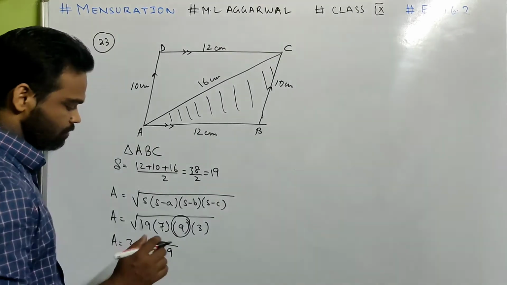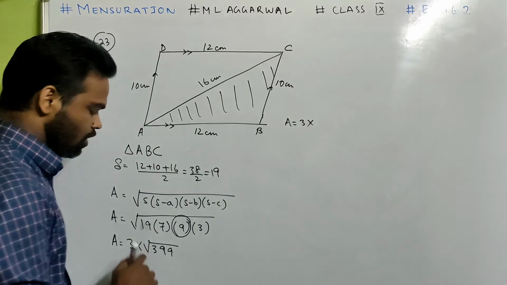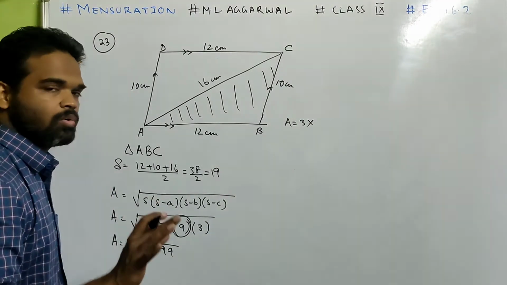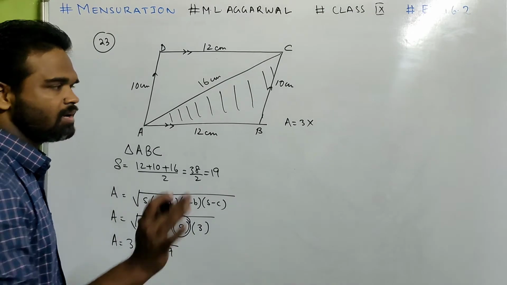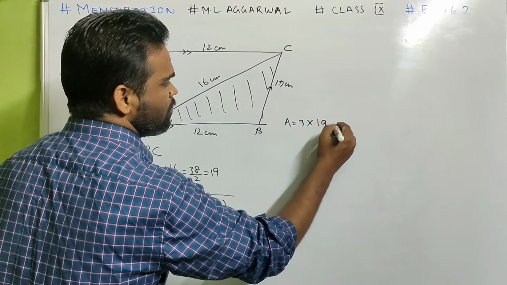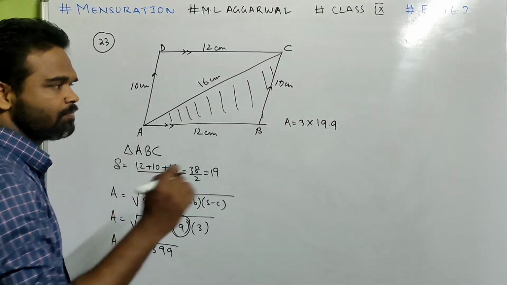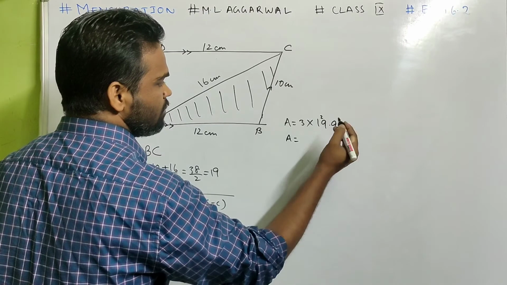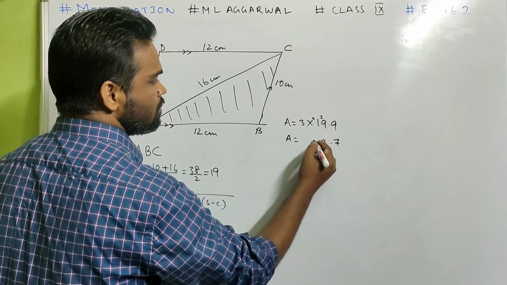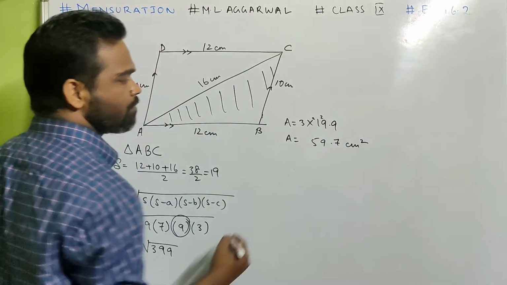Okay. Now, so area will be 3 multiplied by root of 399. Now, we know root of 400 is 20. So, root of 399, I'm not finding exactly, 19.9. I'm taking up to one place of decimal. So, area will be 59.7 centimeter square.